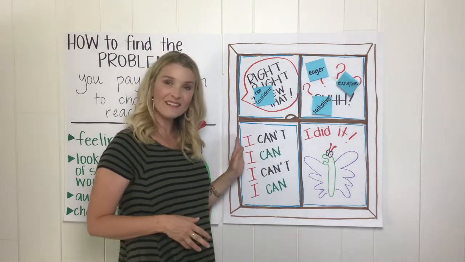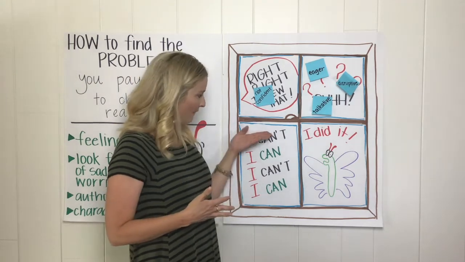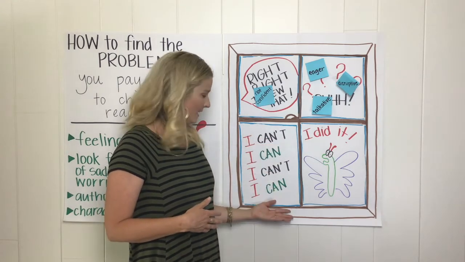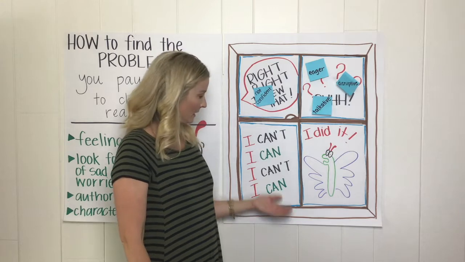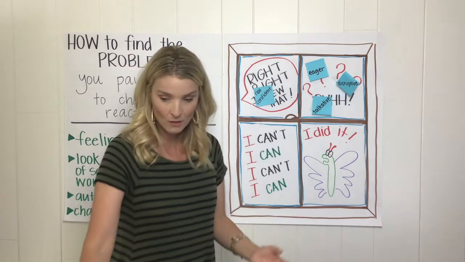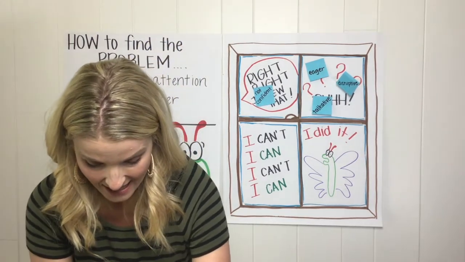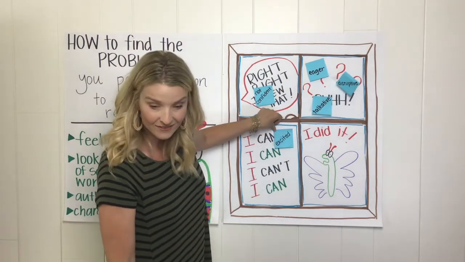Jumping into another one. I loved how he kept saying, I can't, I can, I can't, I can. I feel like this reaction to his problem is telling us that he's trying. He's trying to learn his lesson. He's trying to do what he's supposed to. So maybe we could say that he's excited.